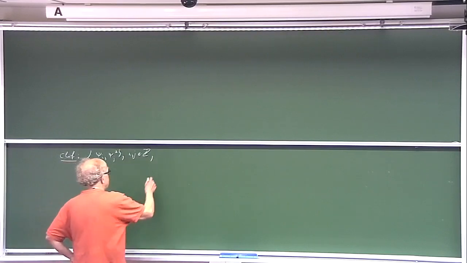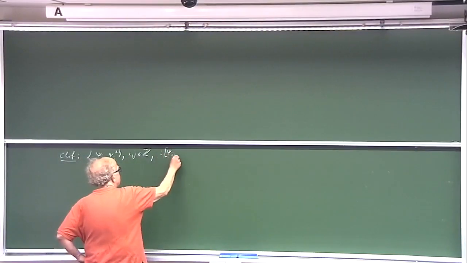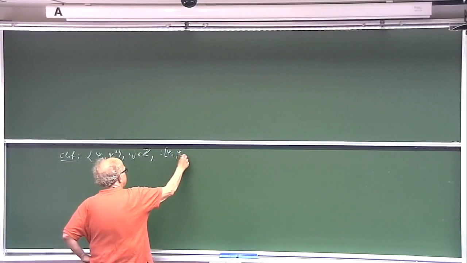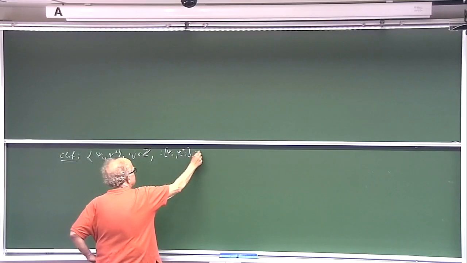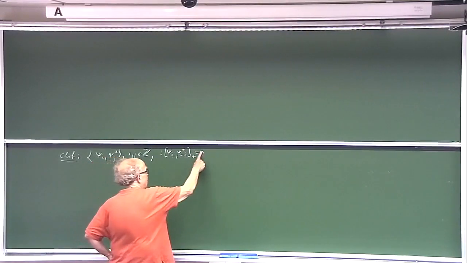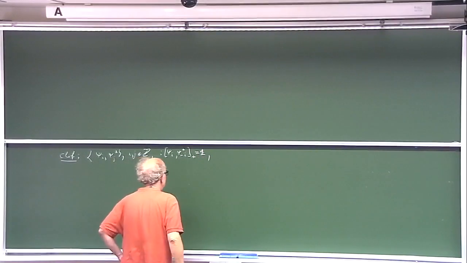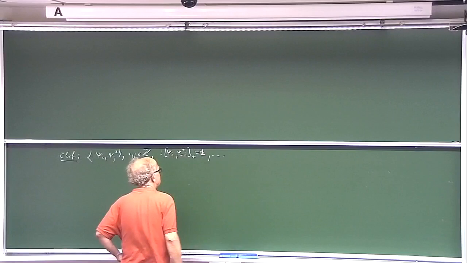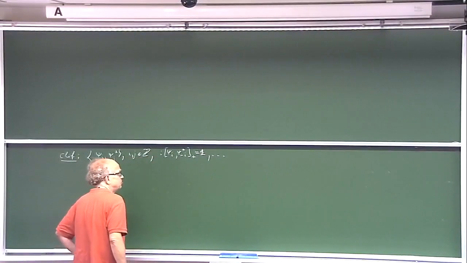Only exception is psi_i, psi_{-i} star plus is 0. All other is 1, and all other skew brackets are 0.